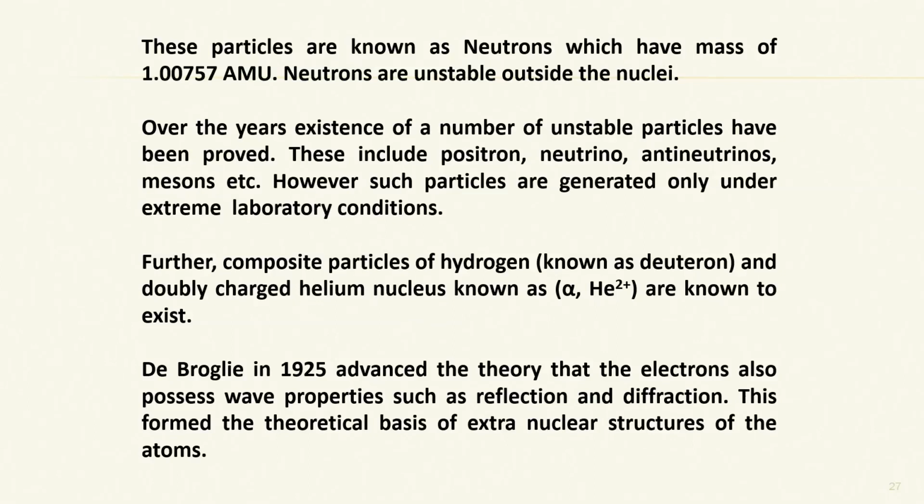Then somewhere around 1925, de Broglie advanced the theory that the electrons also possess wave properties such as reflection and diffraction. So, you see, basically electrons are very small particles. You throw them, they move like a ball, but if it is a very small particle, it moves like this.